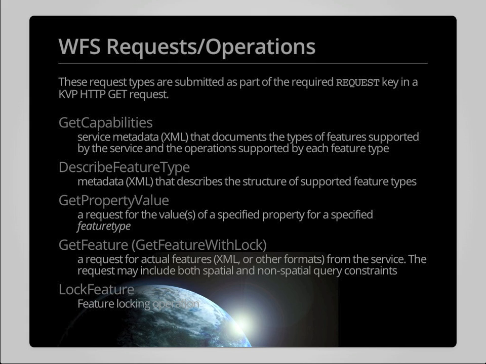That get feature request may also include both spatial and non-spatial query attributes as a part of that request. And as a result, the composition of a get feature request can get fairly complex as you define query constraints as a part of the submitted request.